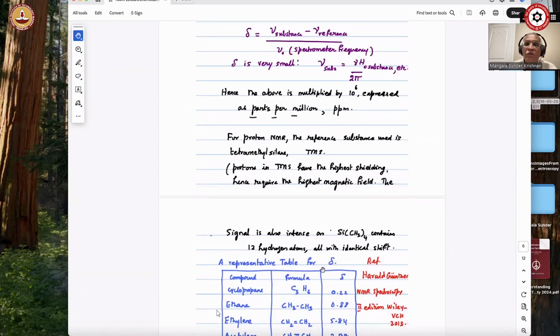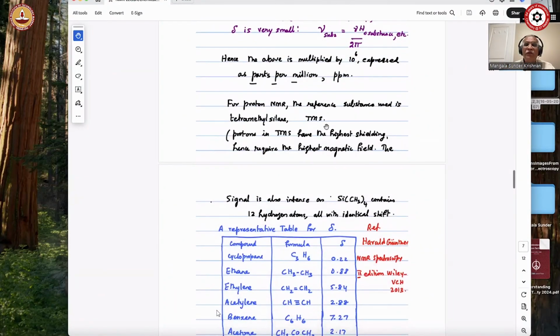So for proton NMR, the reference substance is tetramethylsilane, as I mentioned to you. It has the highest shielding, that means it needs the highest magnetic field. Therefore, in the spectrum, when the spectrometer frequency is fixed, the absorption line happens at the farthest right.